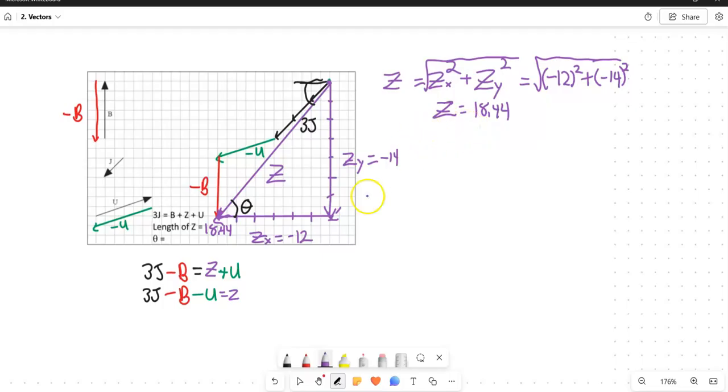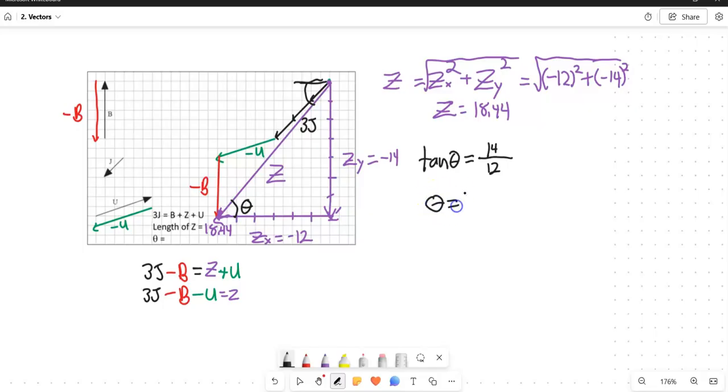Okay. Now, for the angle theta, we're going to have to use tangent of theta. Tangent of theta is opposite over adjacent. So don't put negative 14 and 12, although they do cancel out in this particular case. We just want to put 14 and 12. We don't want the directions of the vectors to complicate it.